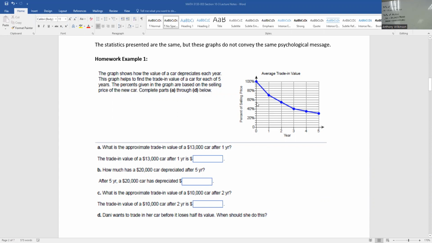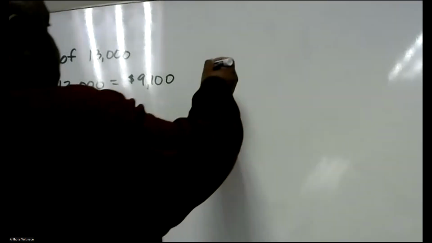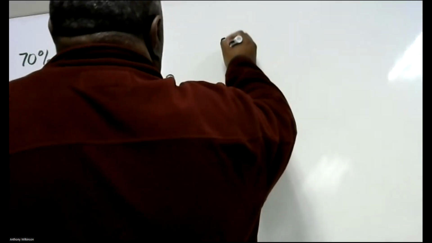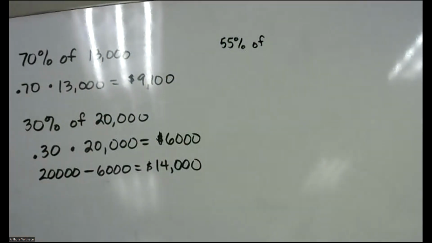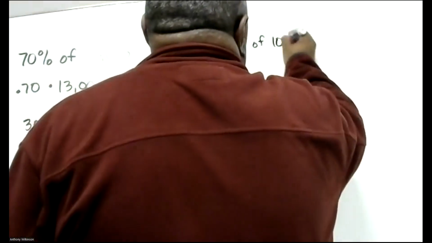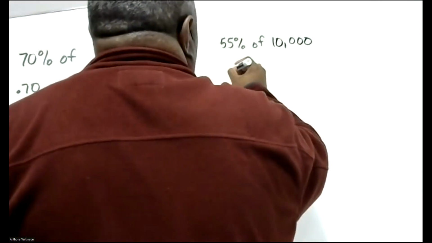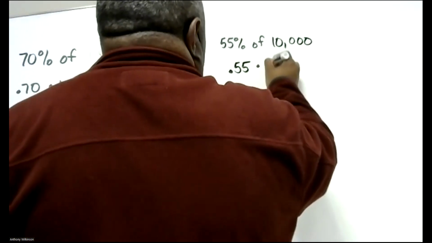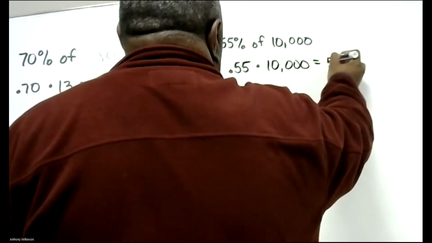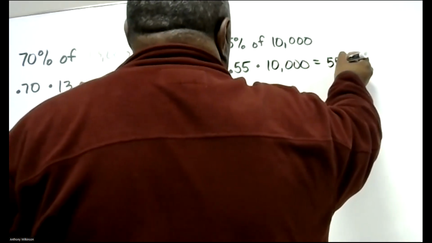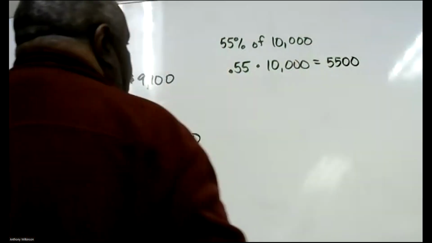So the trade-in value would be 55% of the $10,000 car. 55% of 10,000 would be 5,500.